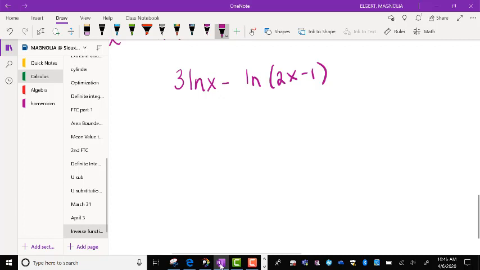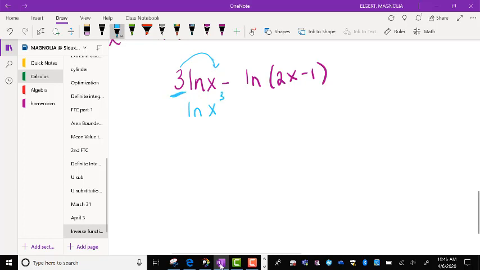There are some properties, and you'll see me use these properties. I'm not going to write them all down with their definitions. You'll see me go through them in this whole unit. If you remember, the coefficient in front of a logarithm is actually the power. So this is the same as the natural log of x cubed.